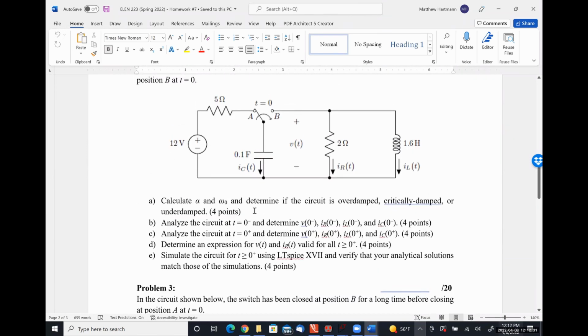So this one I'm asking for the current flowing through the resistor, right? Well, that's just this voltage divided by the 2 ohm resistor is the current flowing down to the resistor. It's always going to be related to capacitor voltage or inductor current, because you have to know one of those 2 quantities in order to tell what's going on with the resistor.